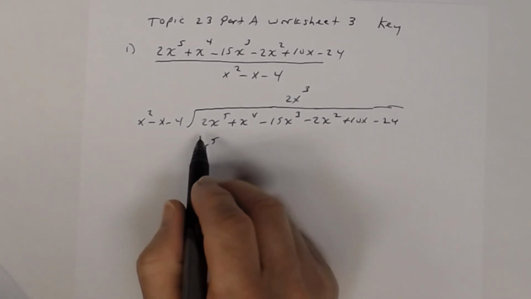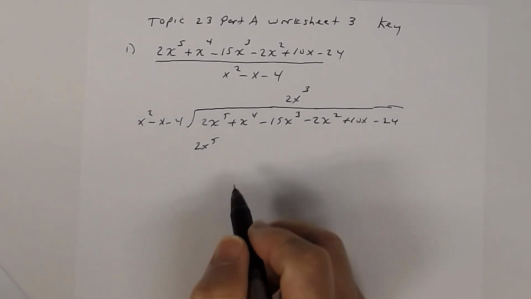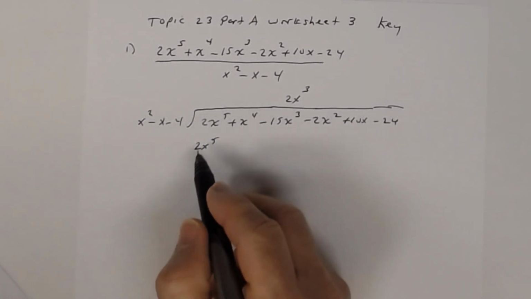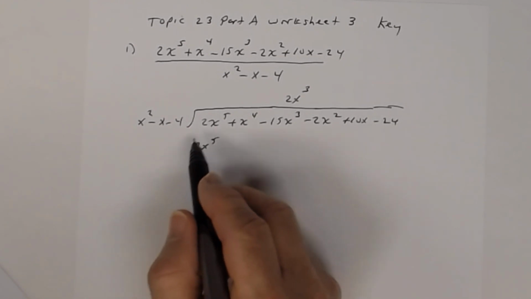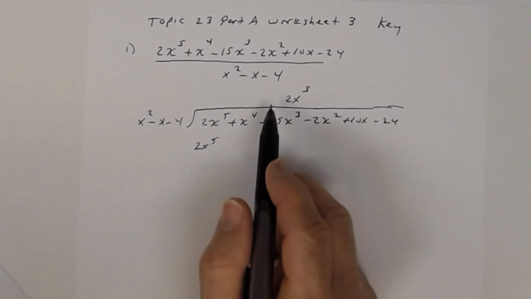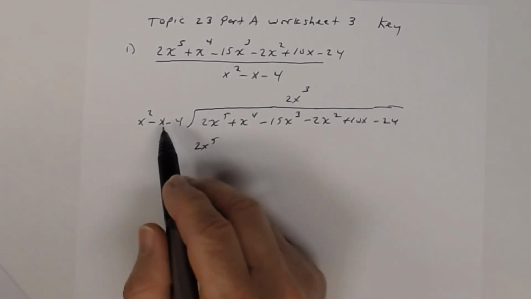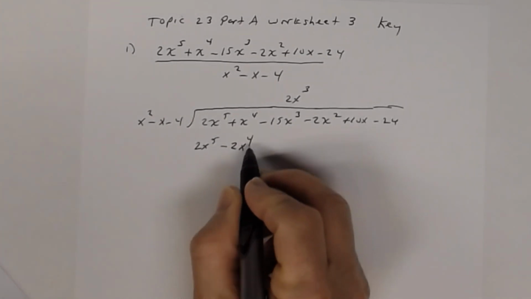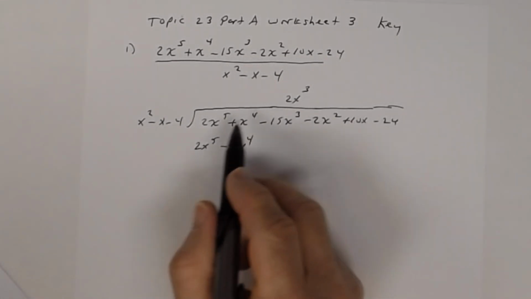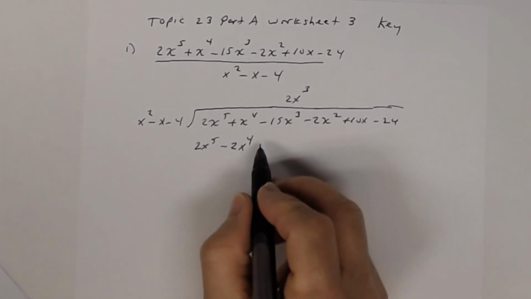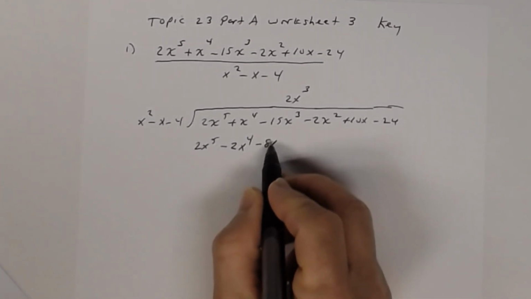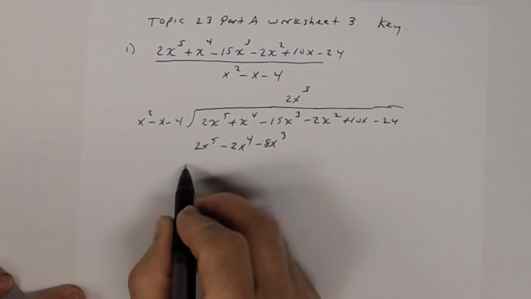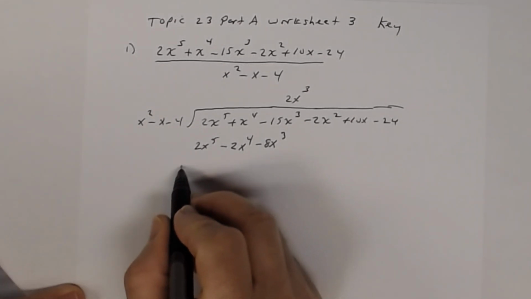Now remember, if you're doing this correctly, every time you repeat that process, the leading terms have to be the same, so that when you subtract, you get 0. 2x cubed times a negative x is a negative 2x to the fourth. 2x cubed times a negative 4 is a negative 8x cubed. And then we're going to subtract.